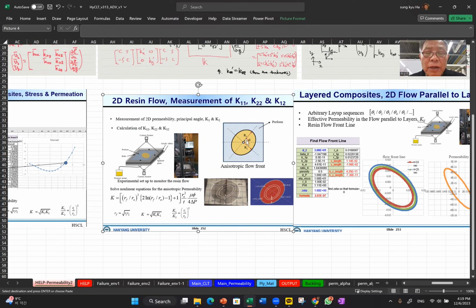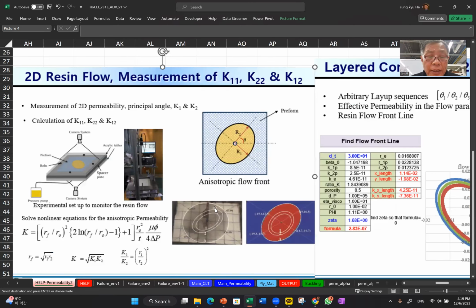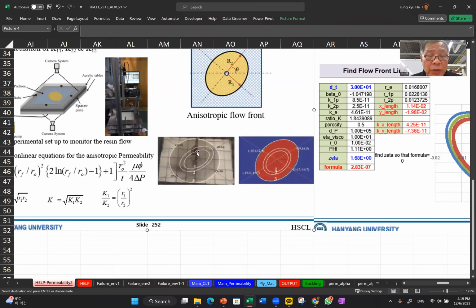So depending on the laminate sequence, the resin will flow differently, making this kind of ellipse depending on the layup sequence. This is the picture, as you can see. Resin goes in at the center, and the resin will flow. Again, at all the boundaries, we have a vacuum.